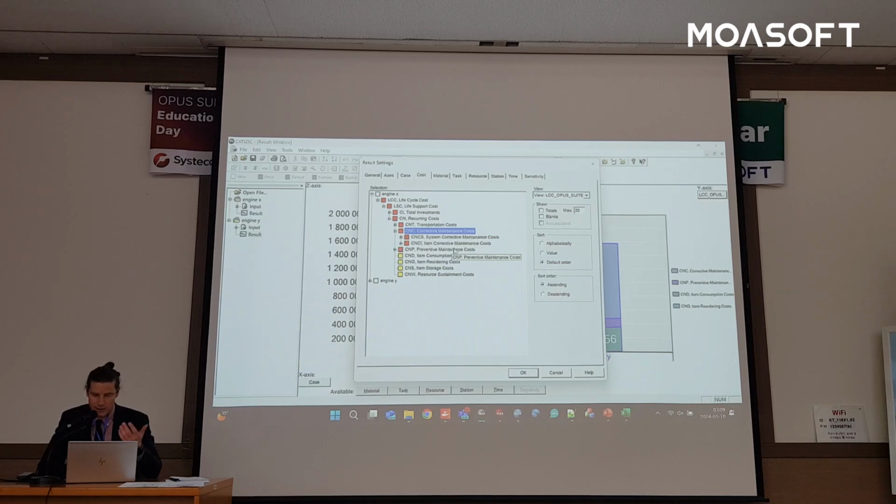And this cost model is the one that is available directly in OPUS Suite, so it's the OPUS Suite cost model. But of course, you can do any adjustments or corrections or additions to these cost models as you like. They are fully user-defined. This is more like a support for getting started and using a direct functionality.